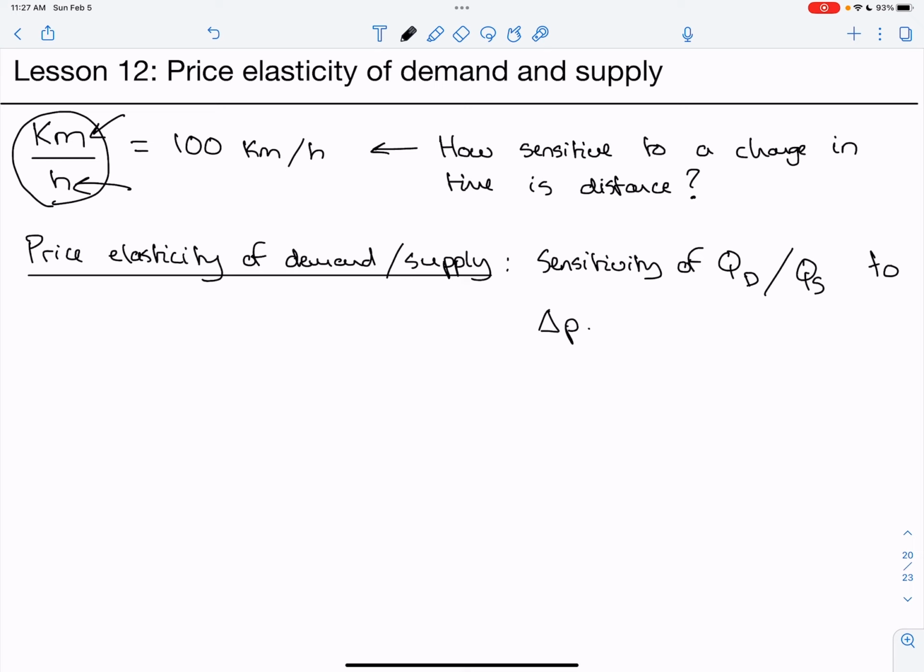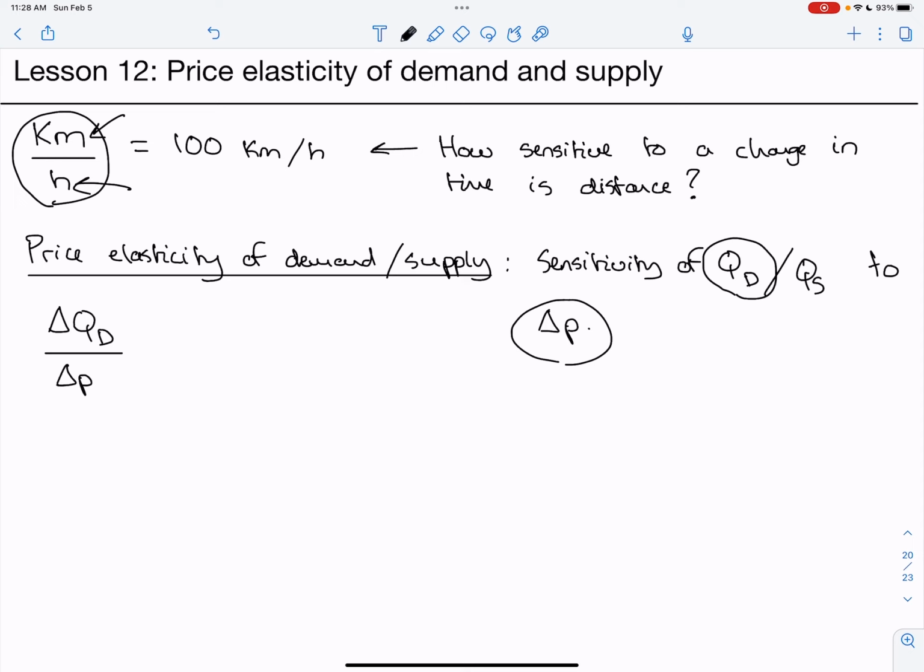So if we want to know how sensitive quantity demanded is to a change in price, we would divide the change in quantity demanded by the change in price.